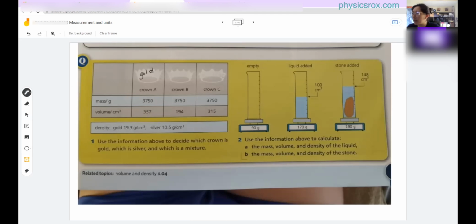Gold is A. Is that your answer? Did everyone get the same answer? A, silver, B, mixture, C, gold.